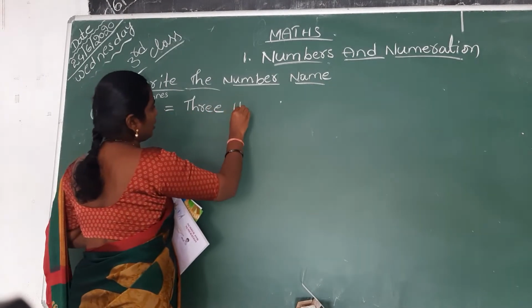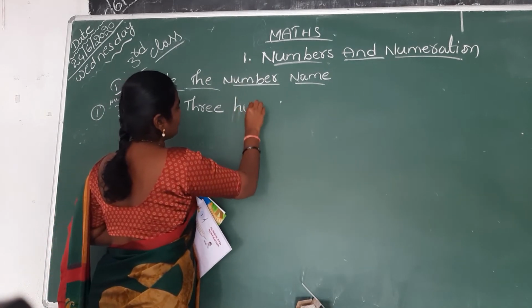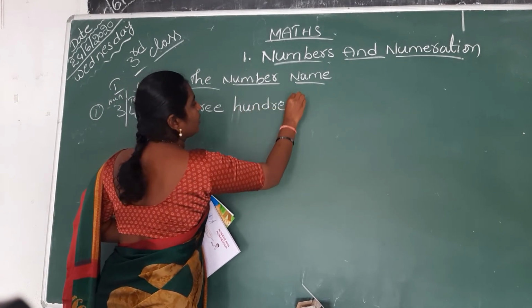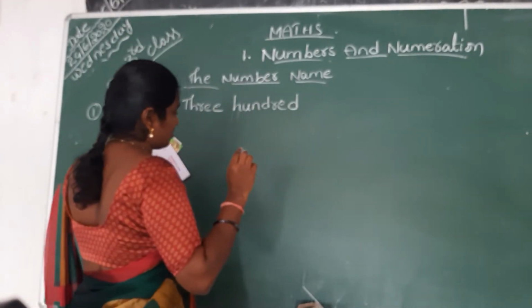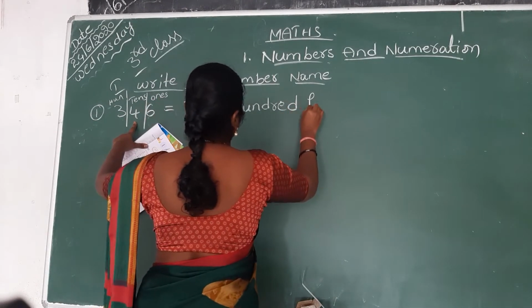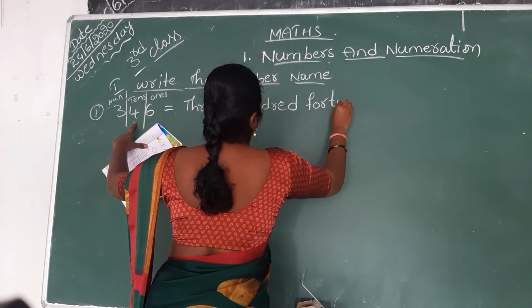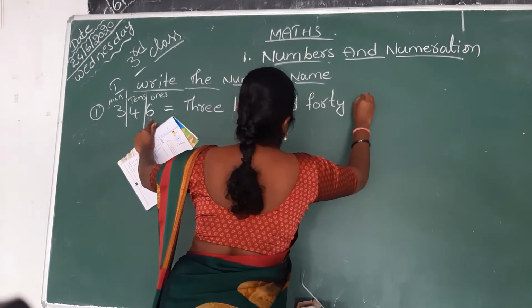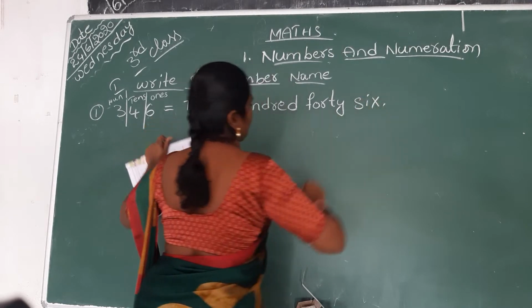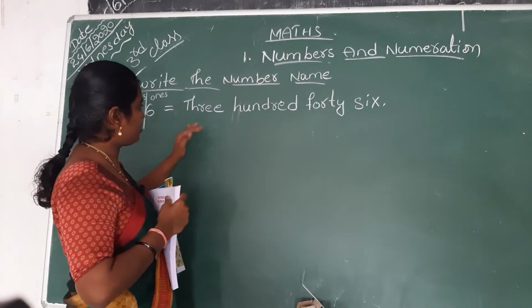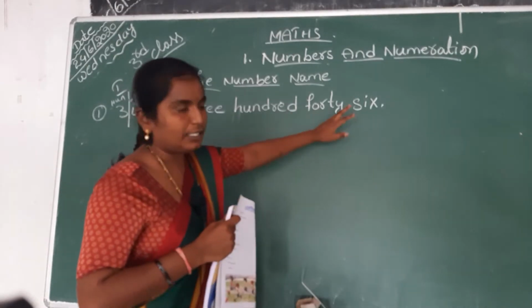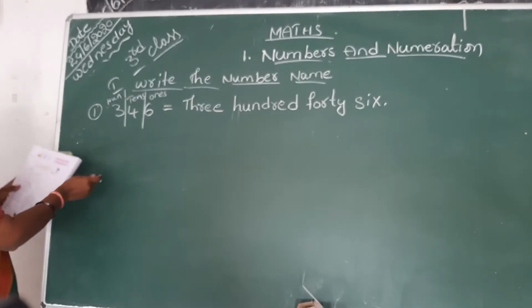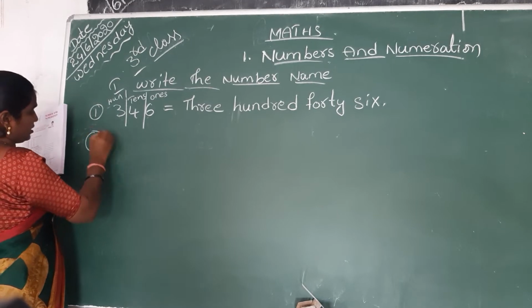So HUNDRED, 300. 4 is in 10's place, 4 tens means 40. In 1's place, 6. See here what is the number name of the number? 346. Like this you have to write the other numbers.